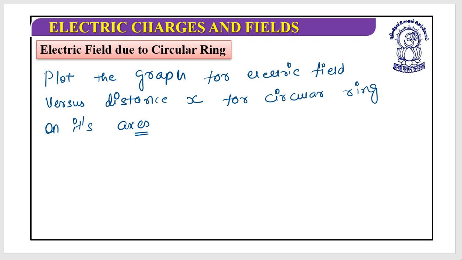So the situation should look like this. This is the ring, this is the radius, this could be the distance. Even on this side a distance could be there. Do you understand this? And the charge q is given.